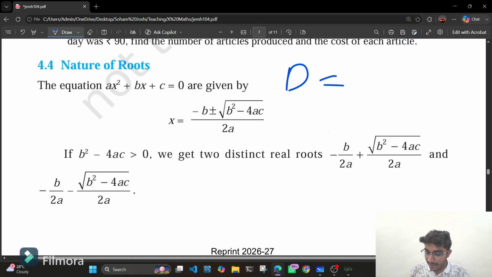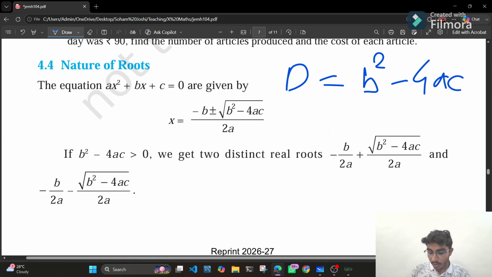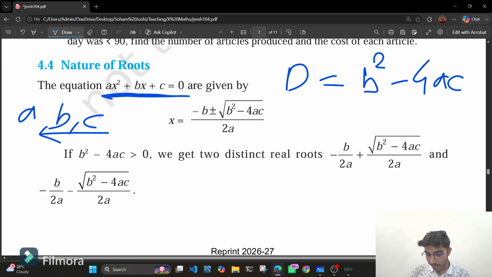Here we write D is equal to discriminant, and discriminant is equal to b square minus 4ac. So basically you need to compare your equation with the standard equation of a quadratic equation, and then you need to get the values of a, b and c with the signs.